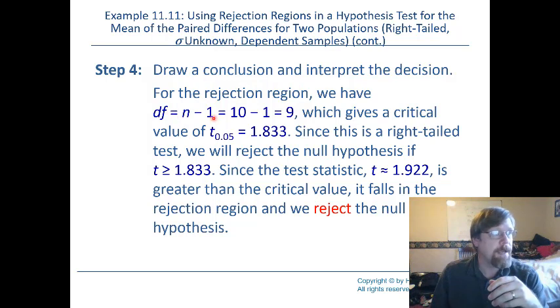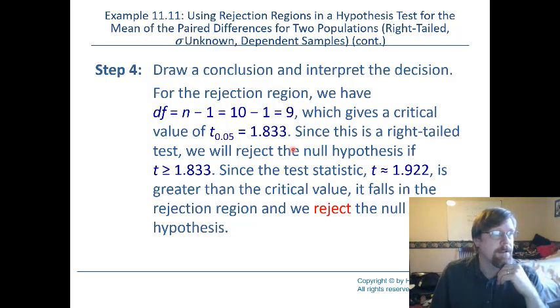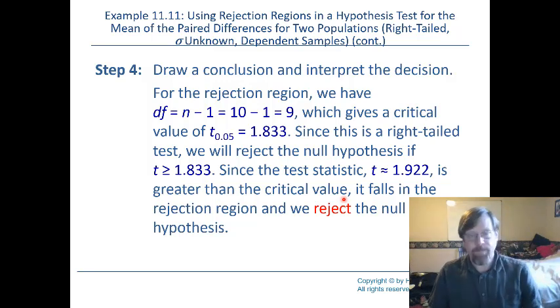We had 10 pairs -1, so 9 degrees of freedom. That gives us a critical value of 1.833. We're dealing with the right-tailed test because we're looking for something to be greater than. So we'll reject the null hypothesis if t is greater than or equal to 1.833. Since the test statistic is 1.922 and that's greater, we can reject the null hypothesis.